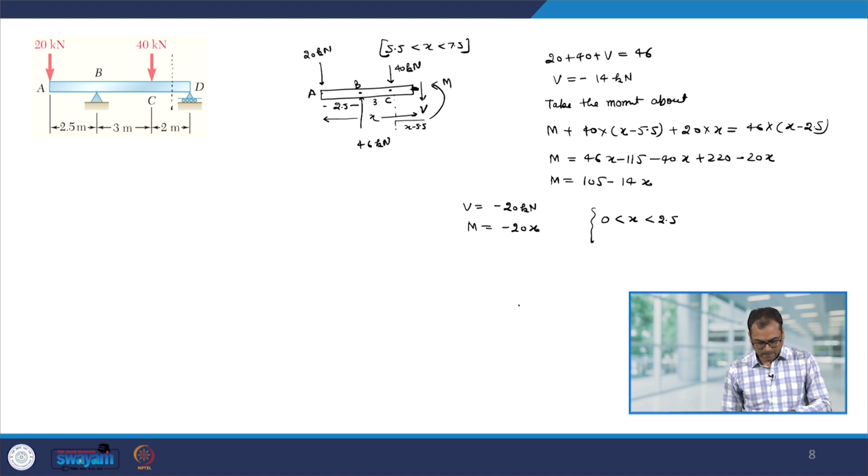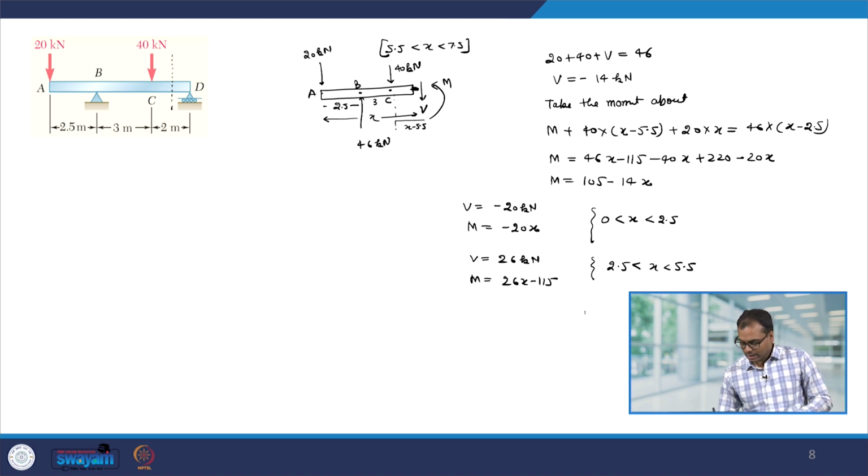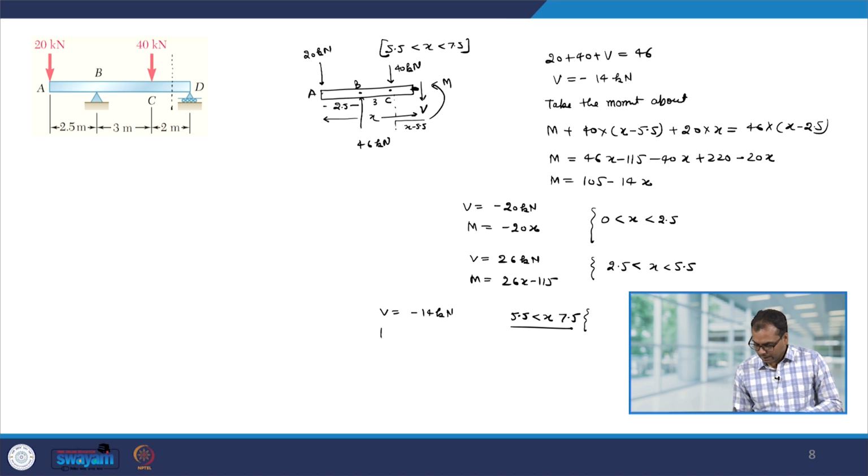Then in the region between 2.5 to 5.5, we got V equal to 26 kilonewton and m was 26x minus 115, and then in the region between 5.5 and 7.5, we got V equal to minus 14 kilonewton and m equal to 105 minus 14x. Let us understand it by the plot.